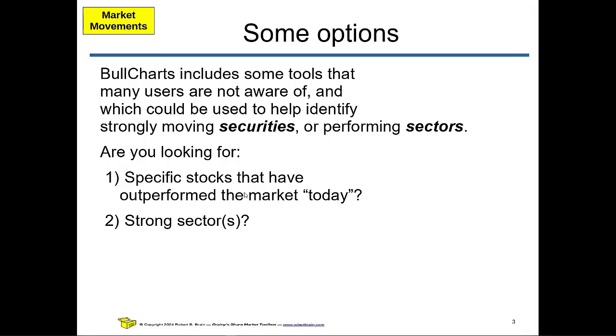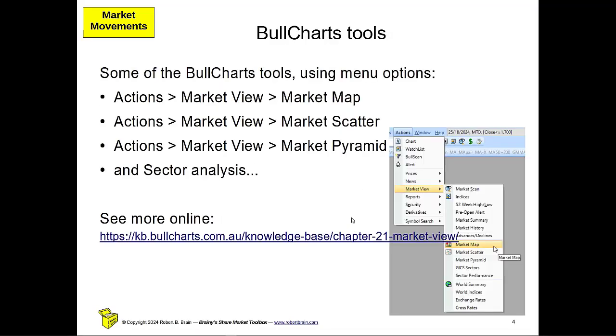If you're looking for a strong sector, there are tools that you can use. And we're going to have a look at those in BullCharts. The ones we're going to focus on initially are behind the BullCharts menu, Actions, Market View, and down here, Market Map, Scatter, Pyramid, GIG Sector, and Sector Performance.